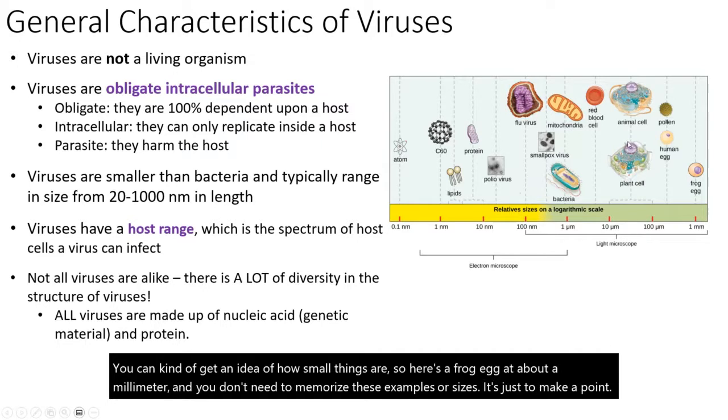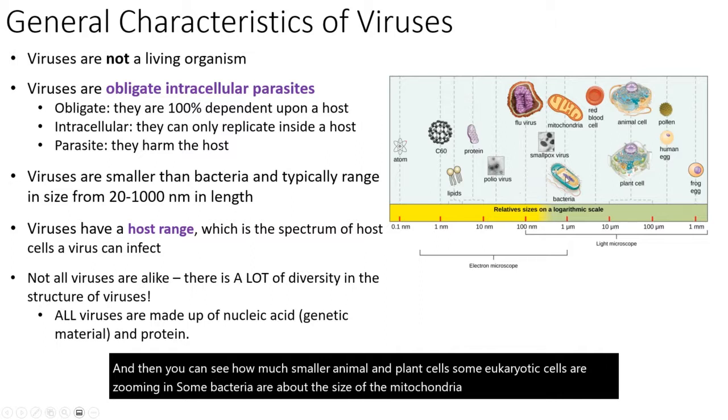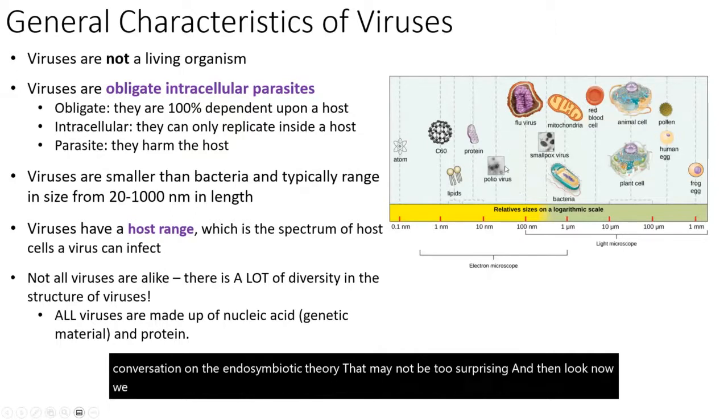And then you can see how much smaller animal and plant cells, some eukaryotic cells, are. Zooming in, some bacteria are about the size of the mitochondria. Remember our conversation on the endosymbiotic theory? That may not be too surprising. And then look, now we start getting into viruses.